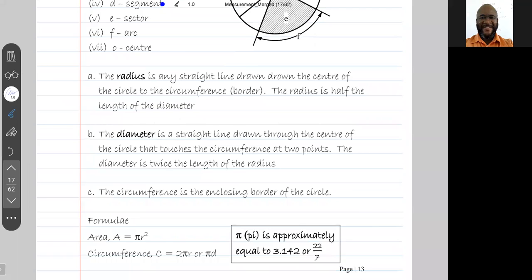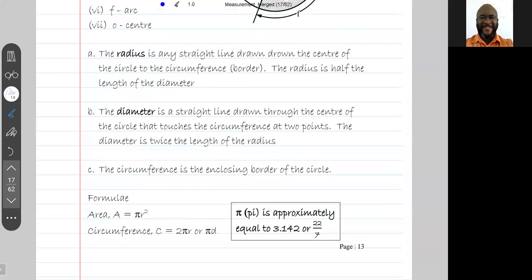All right. The circumference is the enclosing border of the circle. The formula for the area of a circle: area is equal to pi r squared. Pi is a Greek letter, and pi is approximately equal to 3.142 or 22/7.